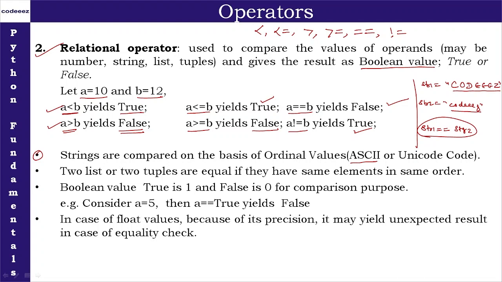So the ASCII codes of these characters will be different. The capital letters have one ASCII code and the lowercase letters have another. So in this case the result will be false, because according to the ASCII code, these two strings are not equal. Got it? So this is how strings are compared.